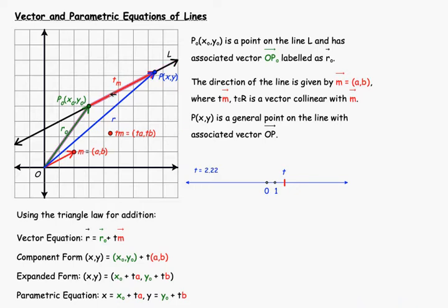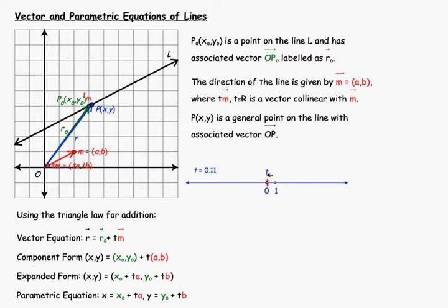the direction vector. So notice how tm, which is a scalar multiple times our direction vector m, notice how that length changes depending upon what m is. If I allow t to be 1, I am the direction vector units away from my point.